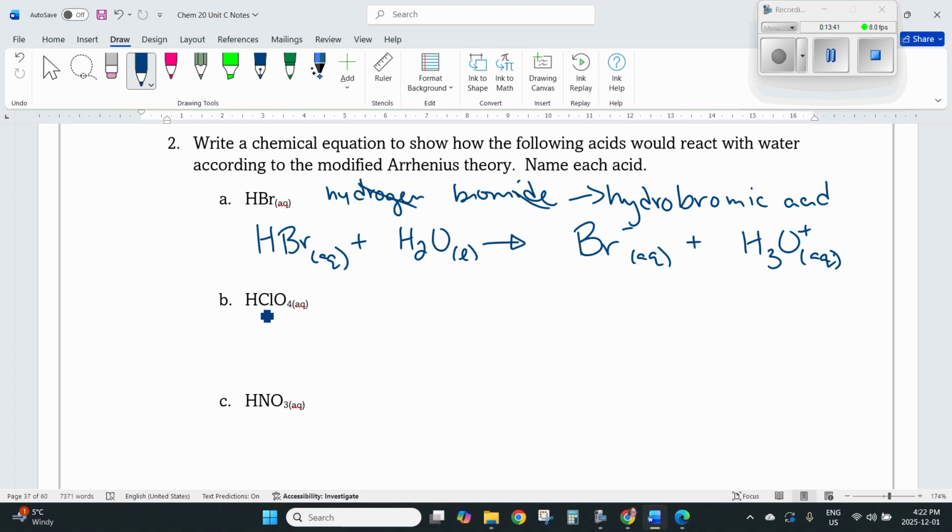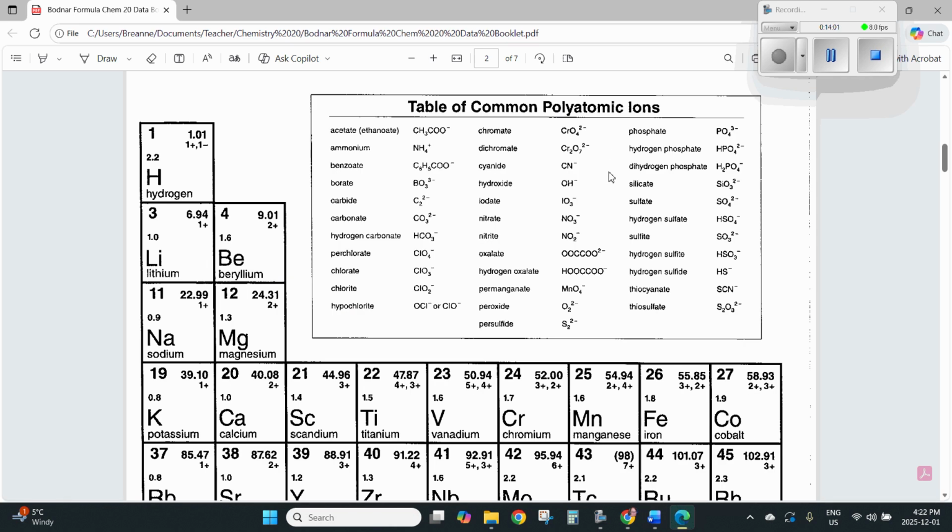Okay, there's one example. Let's go to B. Oh, here's a tough one. We have hydrogen... I don't even know this one off the top. I think this one's chlorate, but I'm going to double check because ClO4. Okay, ClO4 right here. Oh, it's perchlorate. Tough one.